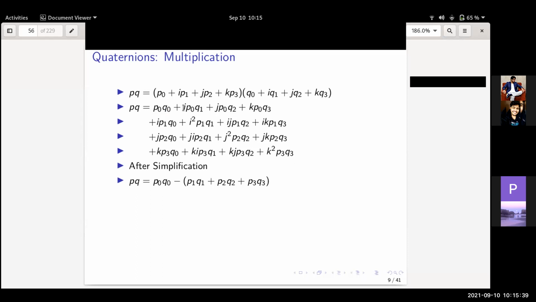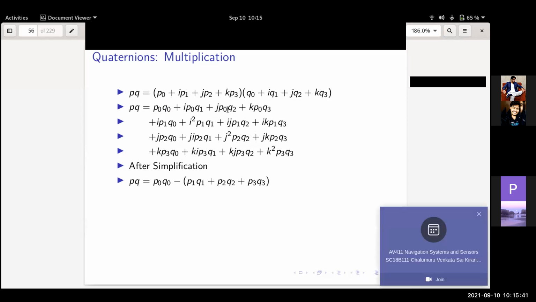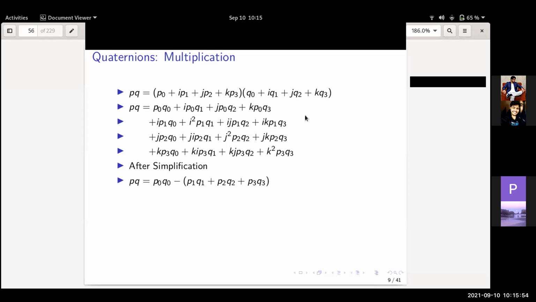The second simplification: you can notice that p naught is multiplying the q vector, that is q1, q2, q3. p naught multiplied by iq1 plus jq2 plus kq3.